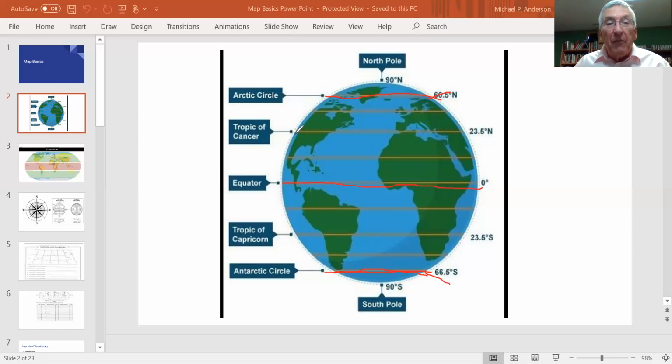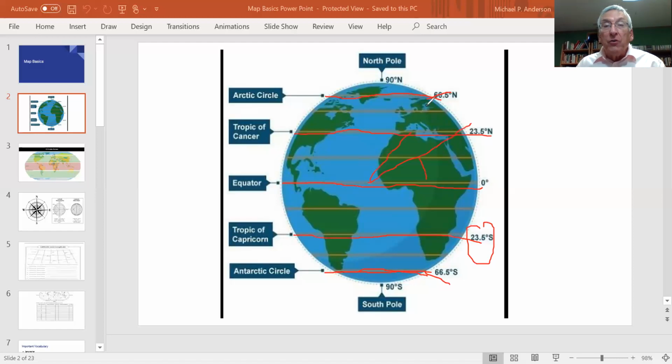So we have the Arctic Circle, we have the Antarctic Circle. Then here we have the Tropic of Cancer, and here we have the Tropic of Capricorn. You can see the degrees over here. The equator is 0 degrees. From the center of the Earth out to this point, this angle would be 23.5 degrees.